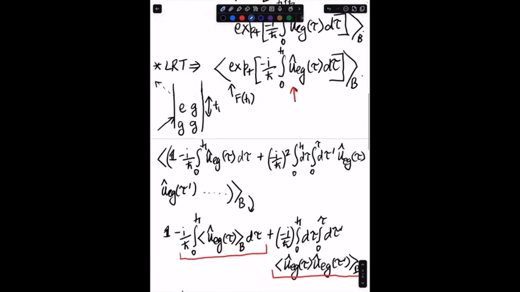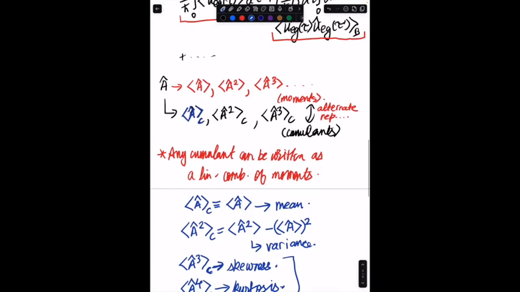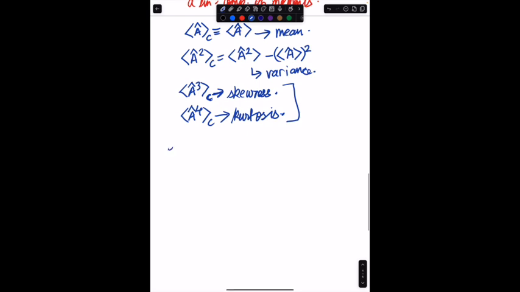And sometimes what this is known as is a moment generating function, also known as MGF. So, what is a moment generating function? If you take the exponential of some operator A and calculate its expectation, this is known as your moment generating function or MGF.